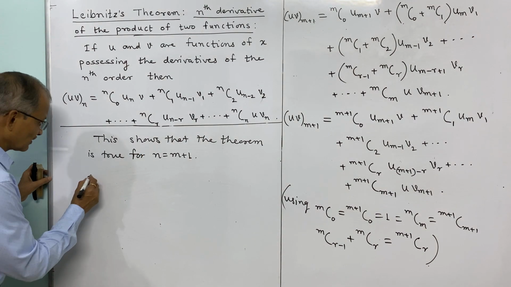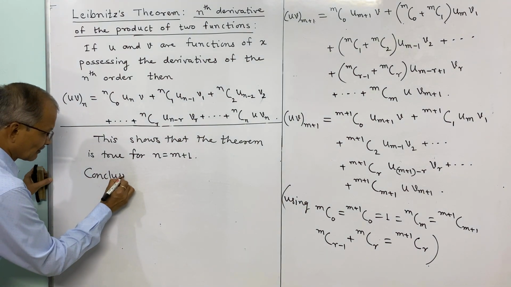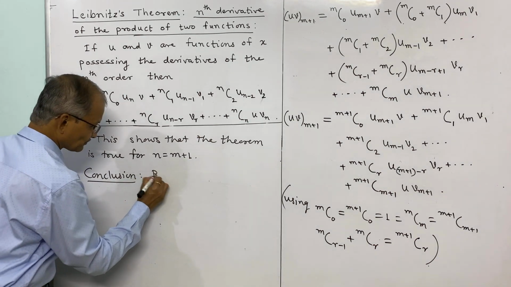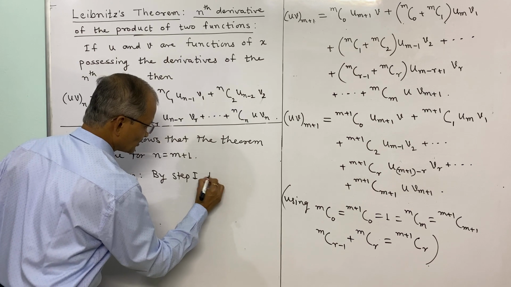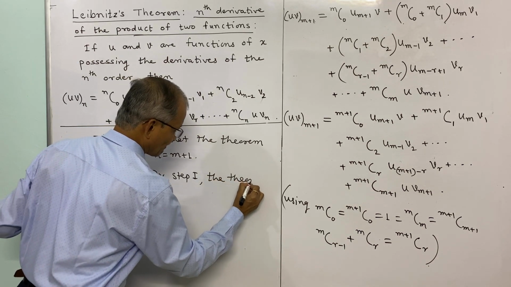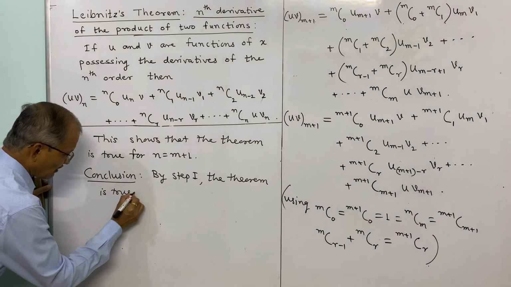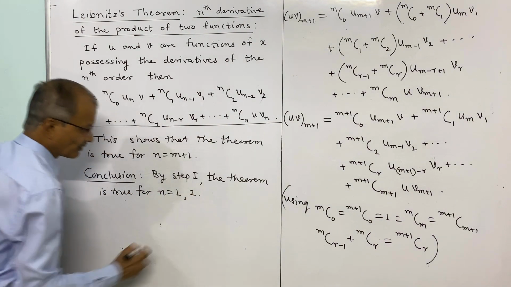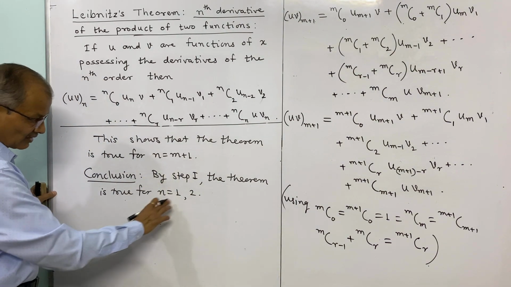And now we can write the conclusion here as, by step 1 the theorem is true for n equal to 1 and 2. And now apply step number 2 in continuation.